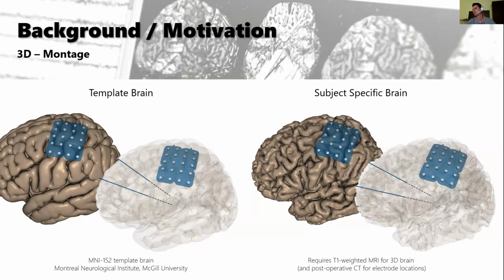But the best, of course, is to really create a subject-specific brain, which really corresponds to your subject. And for this, you need a T1-weighted MRI. And in order to locate the electrode positions correctly, you need a postoperative CT.